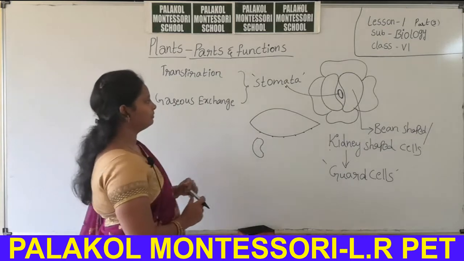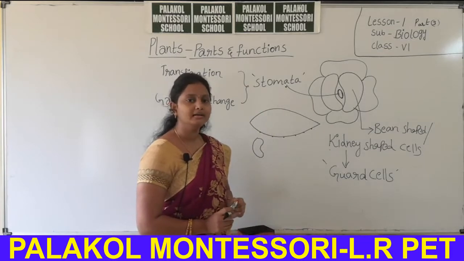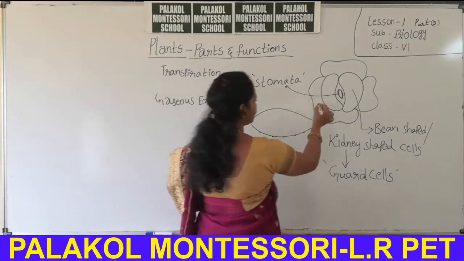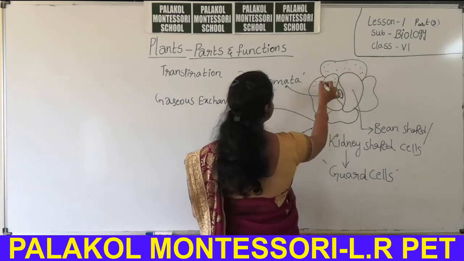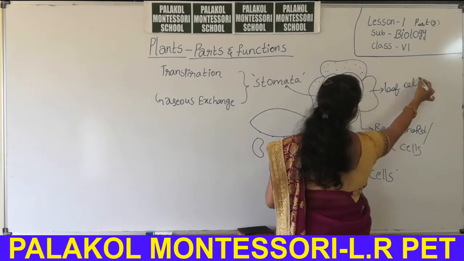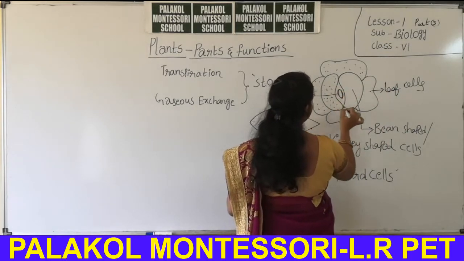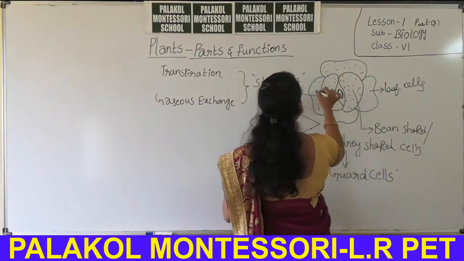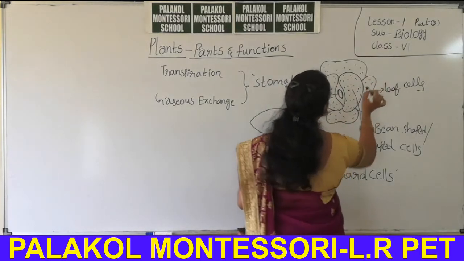So in what process are the opening and closing of stomata controlled by guard cells? The excess water present in the surrounding plant cells, these are leaf cells. Inside the leaf cells, guard cells are present. The excess water in the plant body comes to the guard cells first.